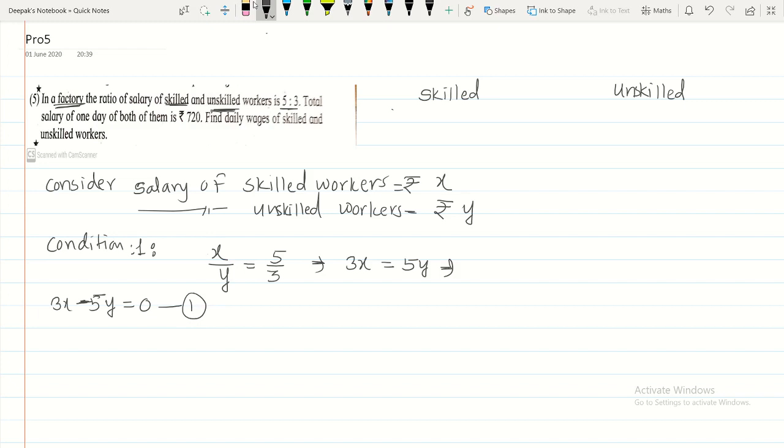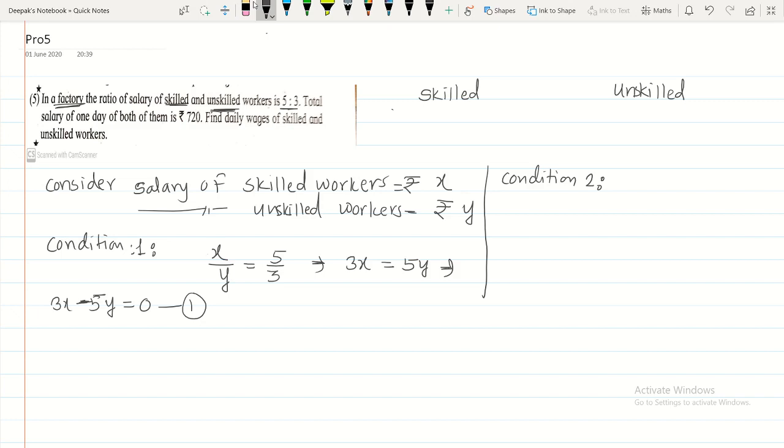Now I am writing condition second. What is condition second? The total salary for one day of both of them is rupees 720.